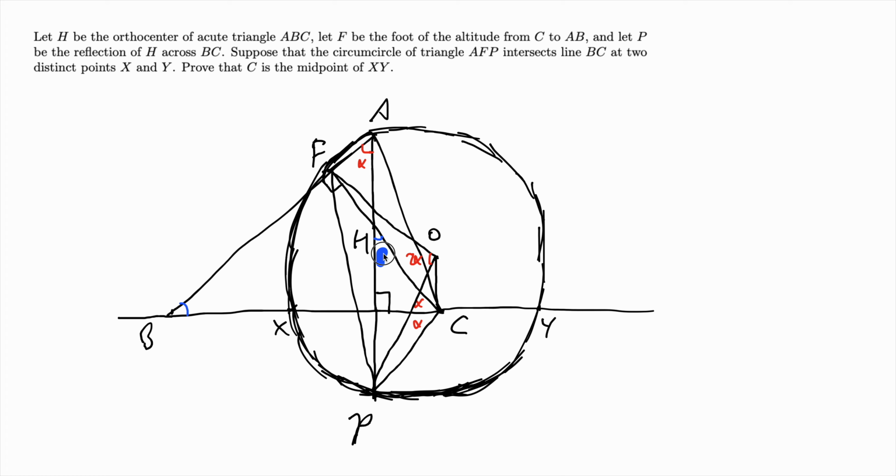If this is beta, and this is beta, we just need to prove that OCY is beta. And how should we do it?